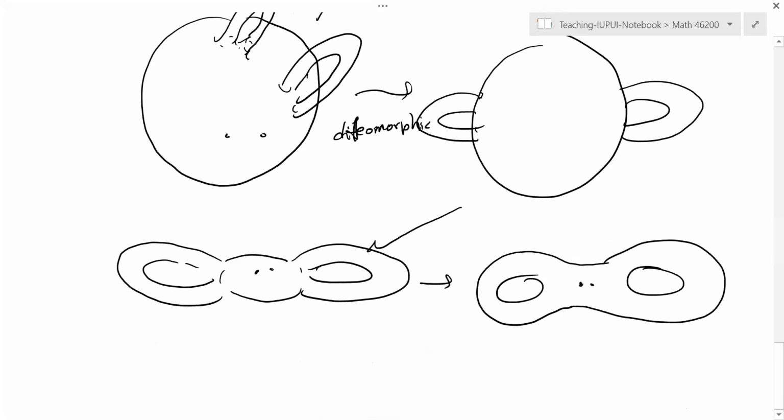But geometrically they're quite different. Later we're going to introduce curvature, and the curvature is quite different. When you deform it, somewhere on the surface the curvature is originally positive, then it becomes negative. It's possible.